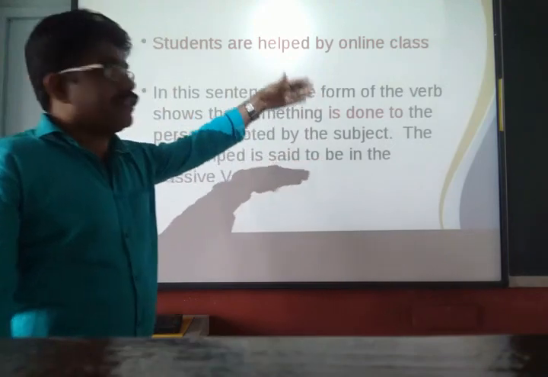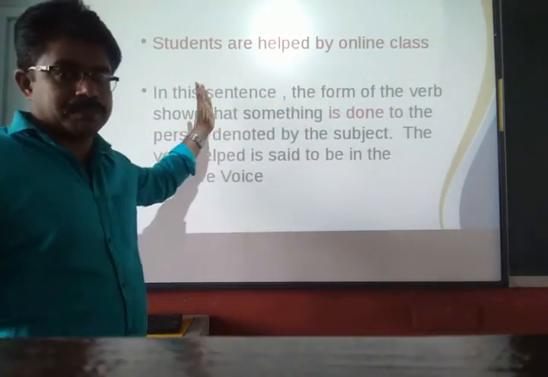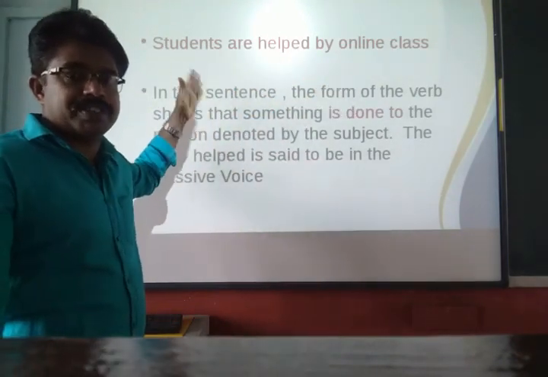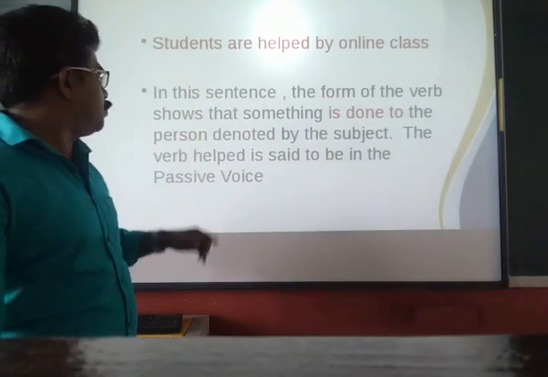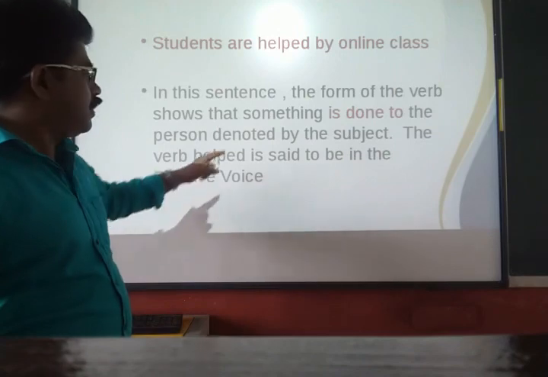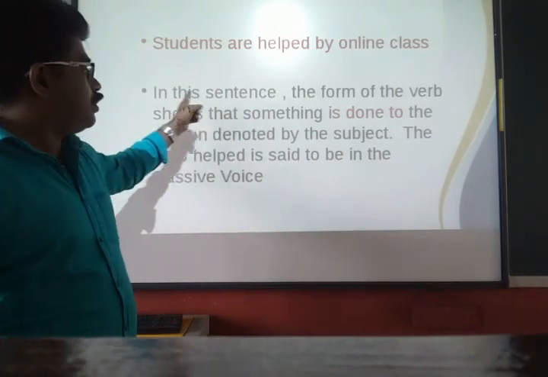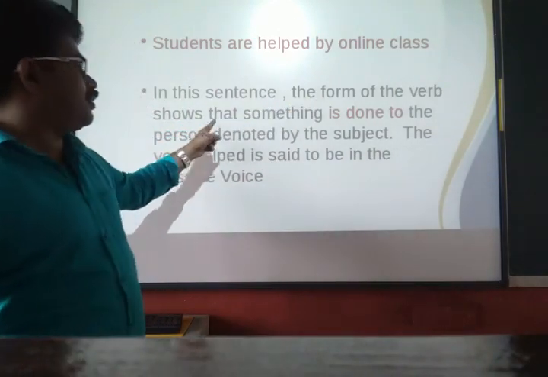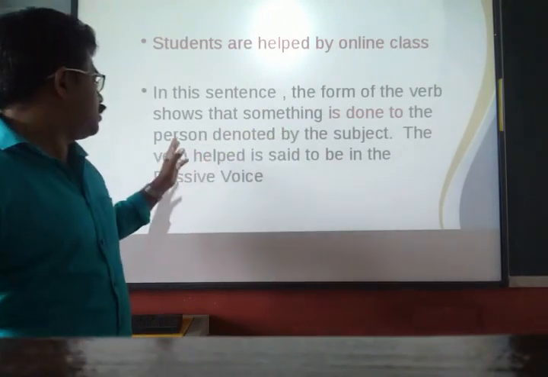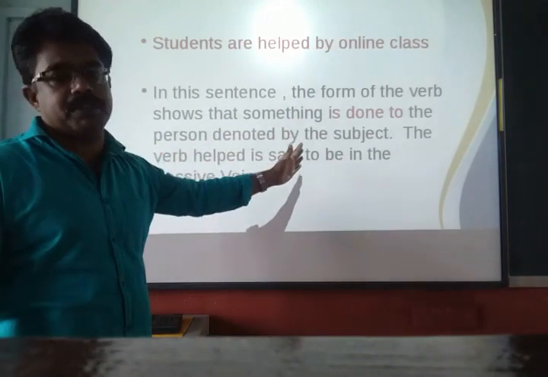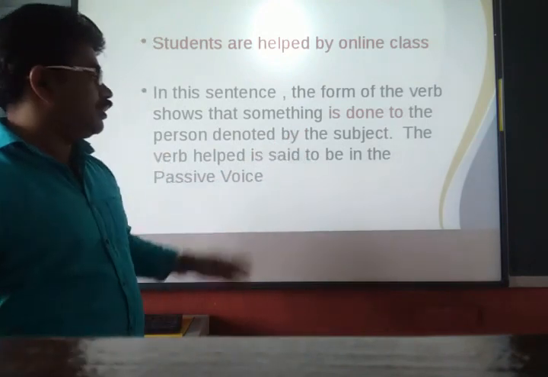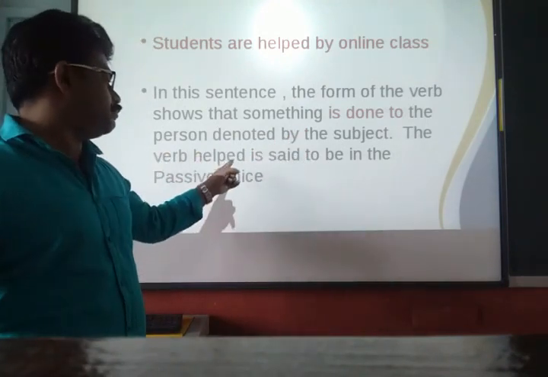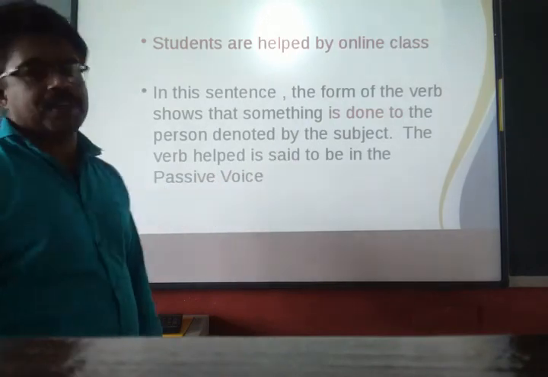When the subject becomes the receiver of the action, the sentence is in passive voice. In this sentence, the form of the verb shows that something is done to the person denoted by the subject. The verb helped is said to be in the passive voice.